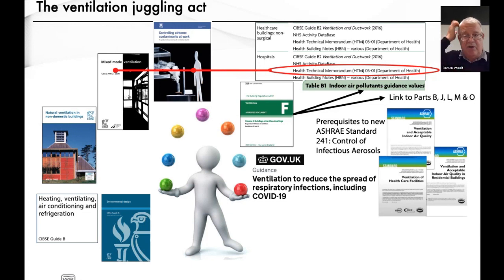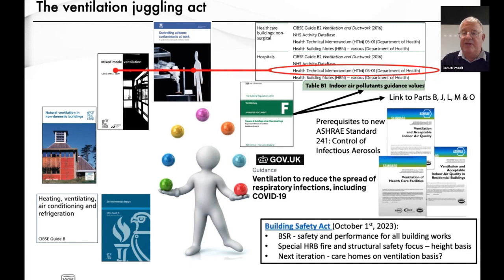If you listen to the podcast, you'll see more on that. Then we've had the Building Safety Act, which came into force earlier this month. So the Building Safety Regulator, it's about safety and performance for all building works. There is a special high-risk building focus, fire and structural safety focus, and that's a basis for height of the building plus having a residential unit.